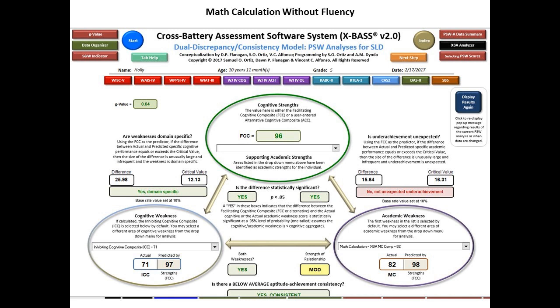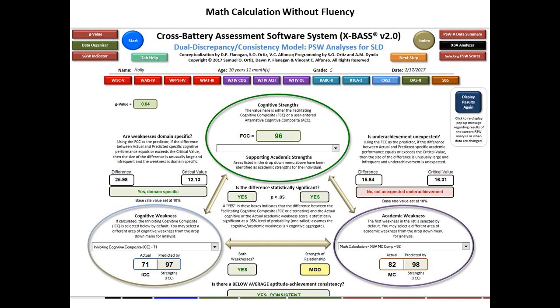So the first thing the program does is it looks at the difference between the facilitating cognitive composite and your cognitive weakness, and it says, is that a statistically significant difference? Here the program says, yes, it is, so that difference is real. Then, if it's a significant difference, the program uses the 96 in a regression-based analysis to predict where this person was expected to perform in the cognitive domain, expected to perform a 97.